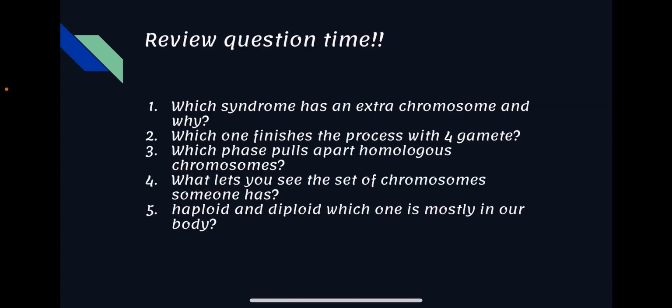Now, review time. Here are some questions for you to answer. 1. Which syndrome has an extra chromosome and why? Number 2. Which one finishes the process with 4 gametes?